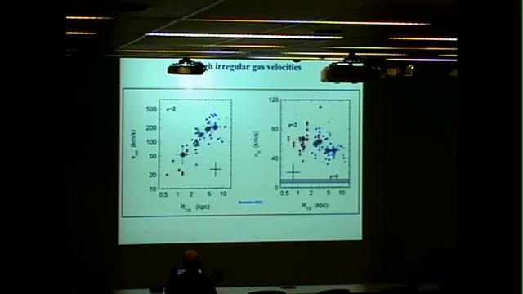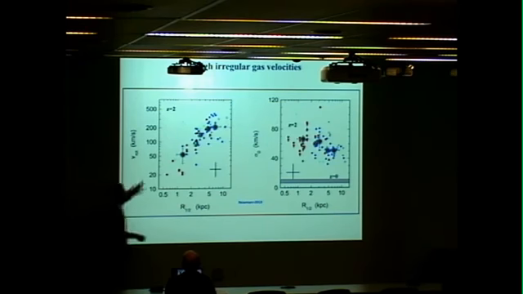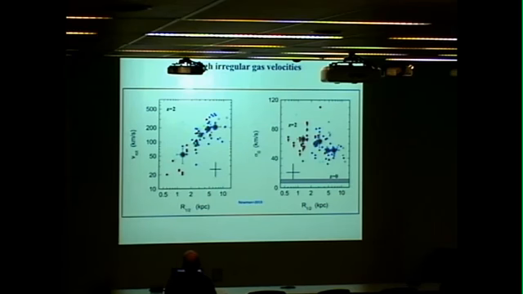I haven't ever seen anyone showing me a Kolmogorov spectrum, so who knows what this is. But the interesting thing is, of course, if dispersion is constant and rotation decreases, the compact galaxies are dispersion dominated. Not because they have high dispersion, but their rotation is small, and the extended galaxies are rotation dominated. That's what it is, and we would like to understand that.